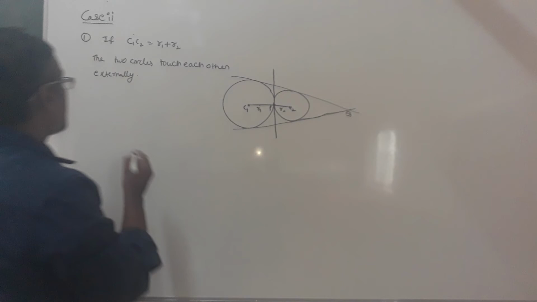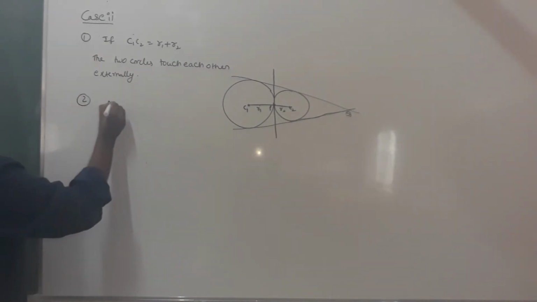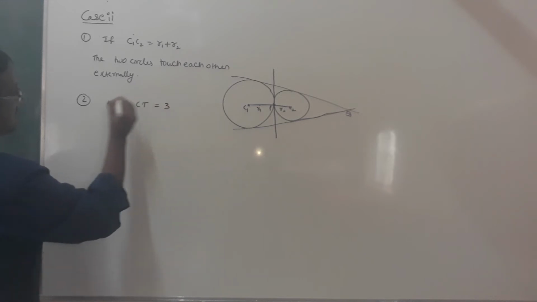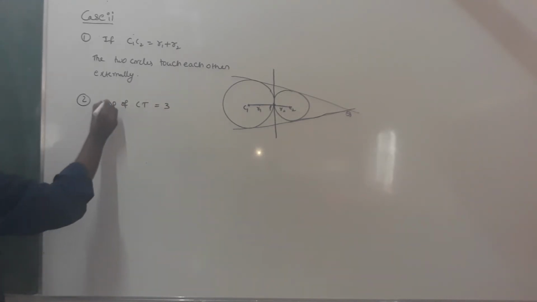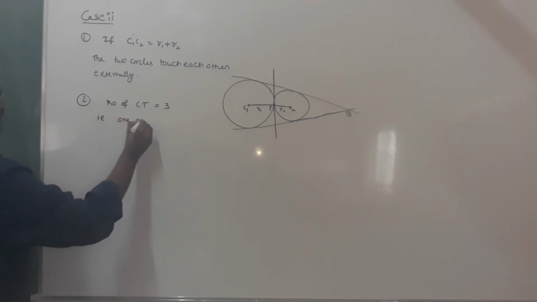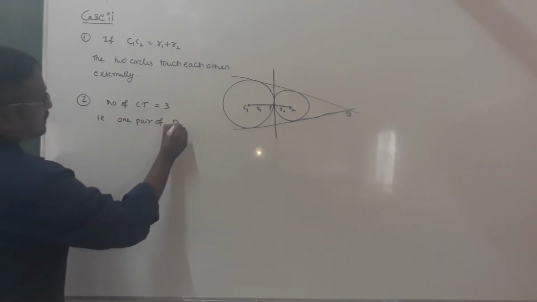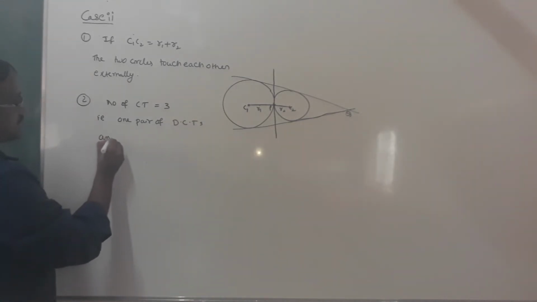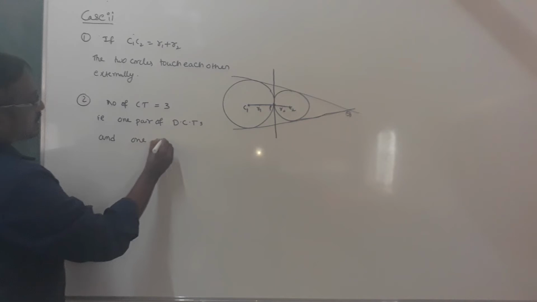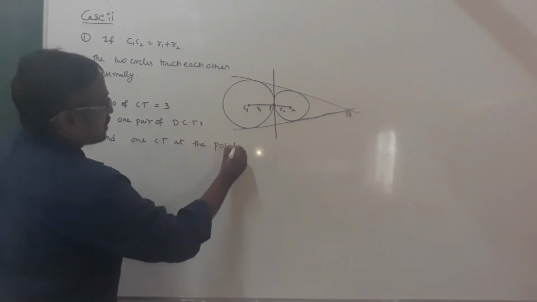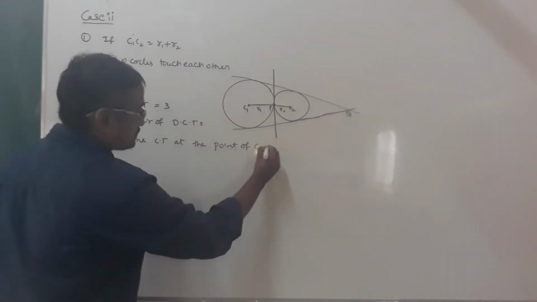So the number of common tangents is 3. That is, one pair of direct common tangents and one common tangent at the point of contact.